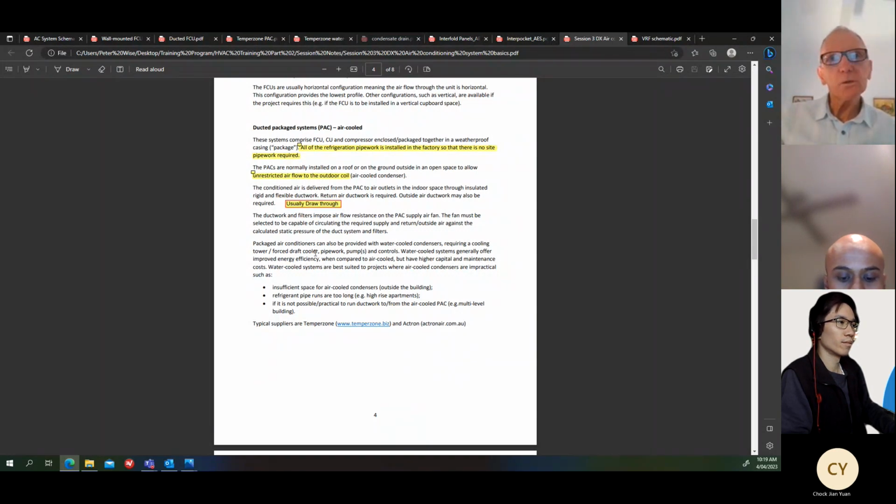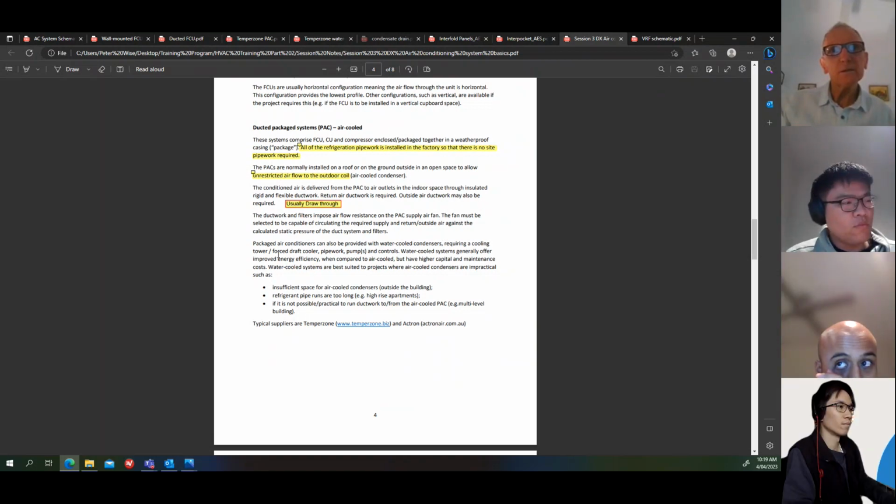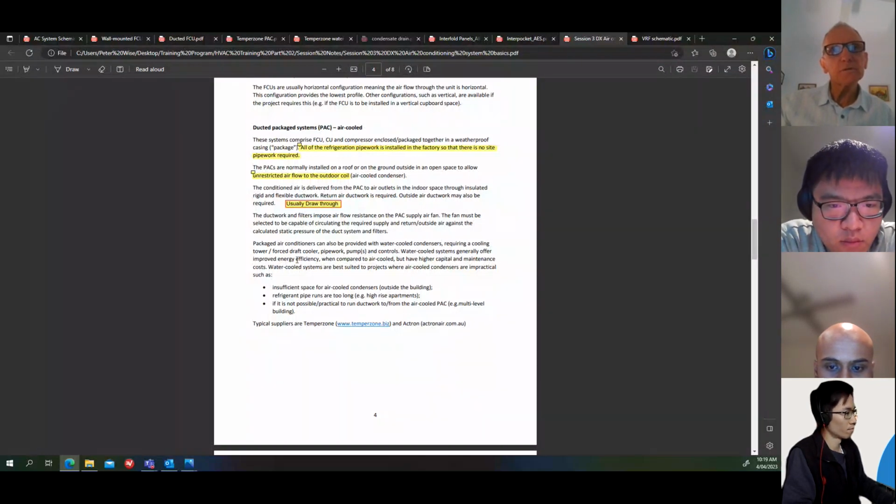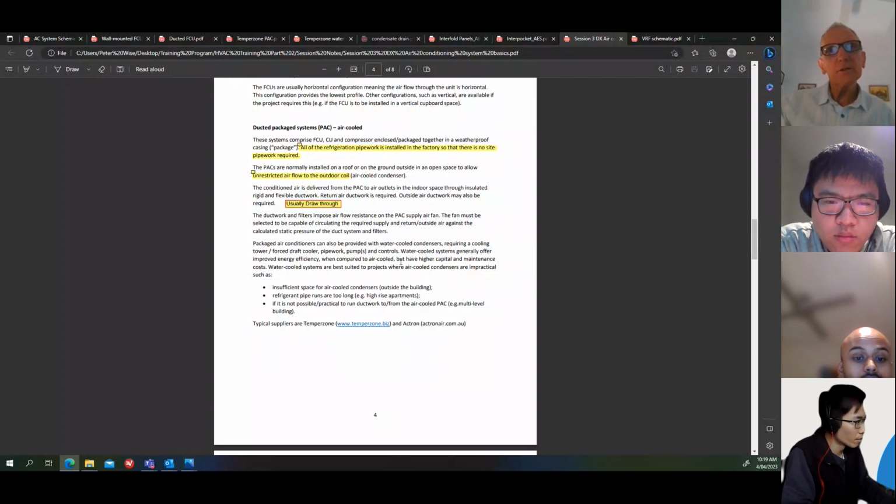Now you can also get water-cooled package units, but in this case you require a cooling tower or a forced draft cooler, water pipework, pumps and controls. So there's a lot more equipment involved. Water-cooled systems generally offer improved energy efficiency compared with air-cooled, but there's a higher capital and maintenance cost.